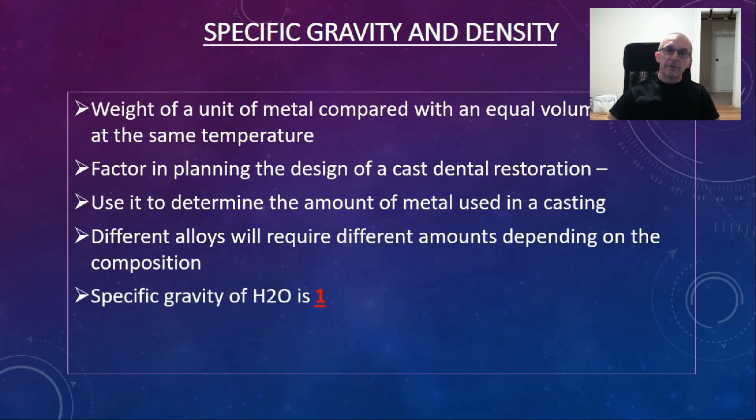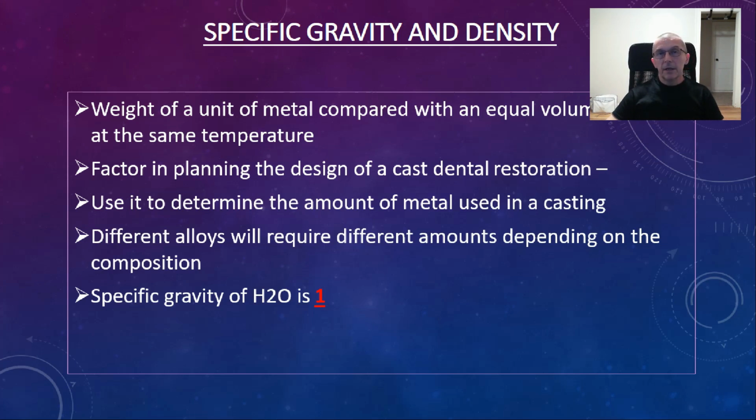The specific gravity of water is 1. So water is used as a base number to calculate the amount of metal we need to use in a casting. They assigned water a specific gravity of 1 because water is what we compare all other elements or compounds to.